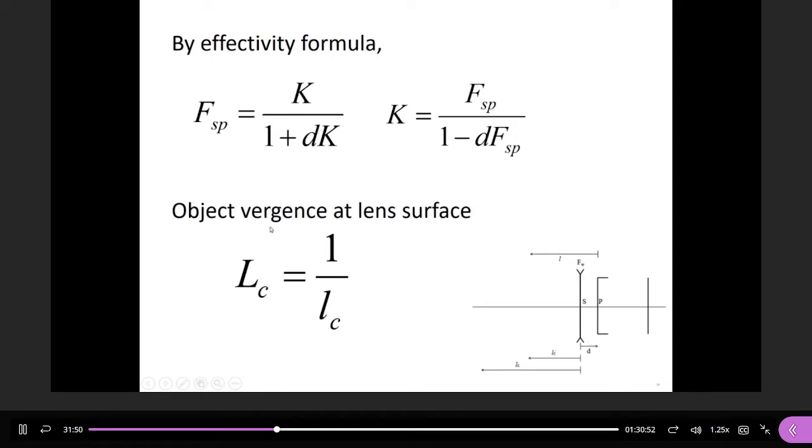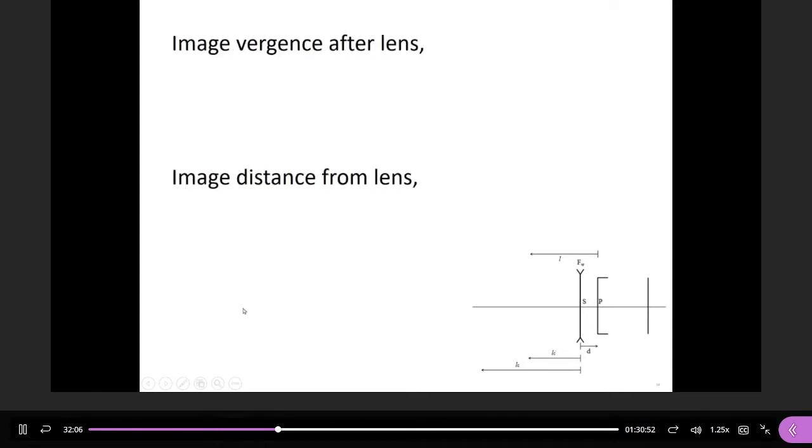So if you want to determine the object's vergence, you simply have to take the reciprocal, because the object is in air, so the refractive index is equal to 1. So you just have to take the reciprocal, then you will get the LC. With the LC, then you can determine the LC pi by using LC plus the spectacle refraction or the spectacle power. Okay. Now you know the LC pi.